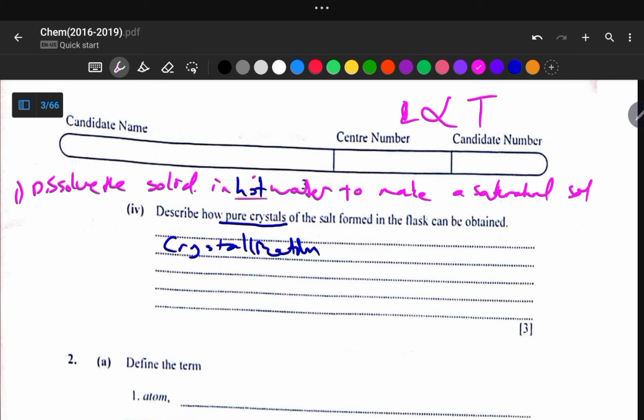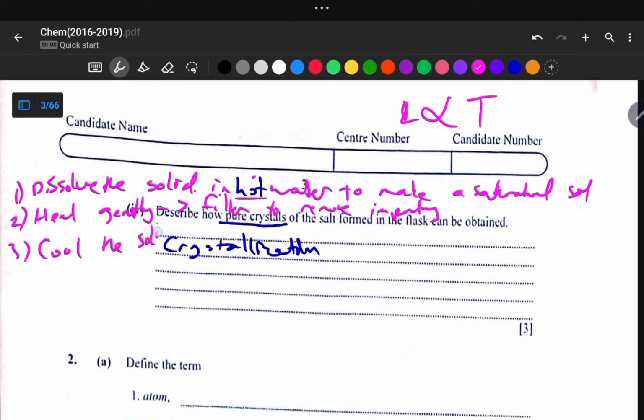And then on step number 2, we heat gently, right? So that's the reason, and then that's the step number 2, and then we filter to remove impurities, right? And then on step number 3, we cool the solution slowly, right?